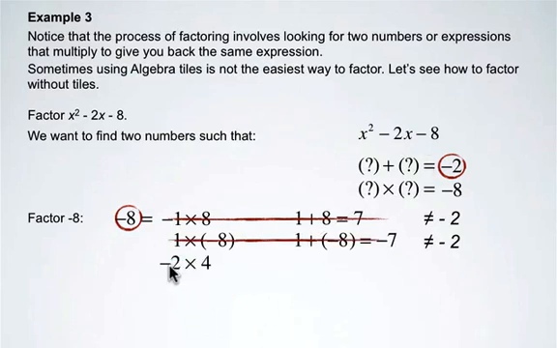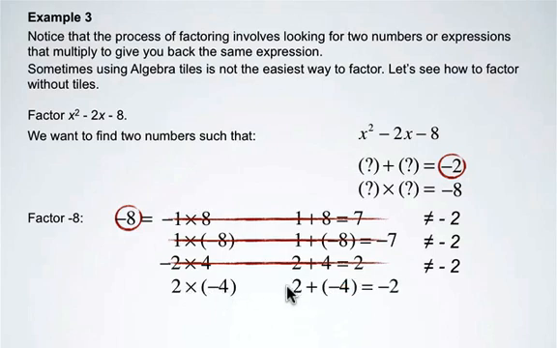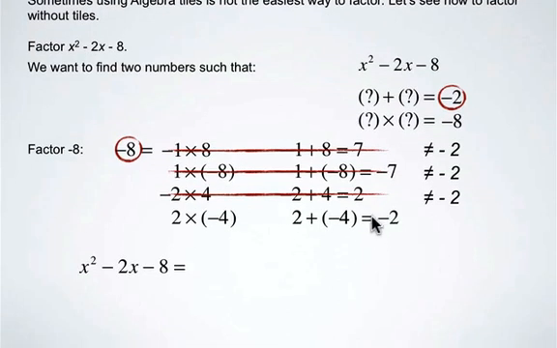Another factor of negative 8 is negative 2 and 4. Negative 2 plus 4 is 2. Does not equal negative 2. So these are not the factors we can use to factor this expression. How about 2 times negative 4? 2 plus negative 4 is negative 2. There is the factor we can use.